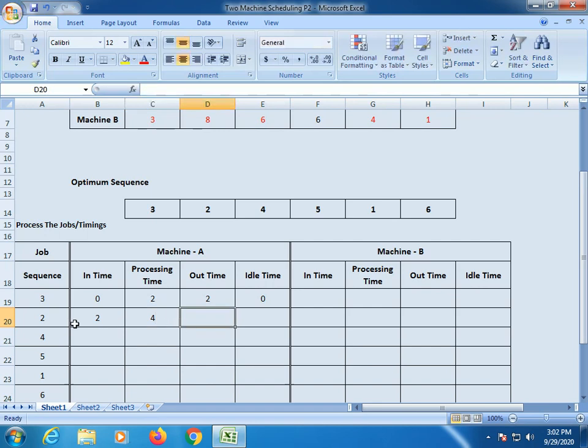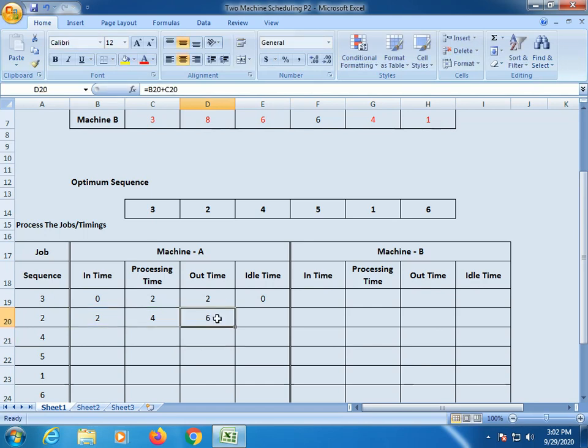That means we can perform job 2 on machine A for 4 hours. Then what is the out time? 2 plus 4 is equal to 6.